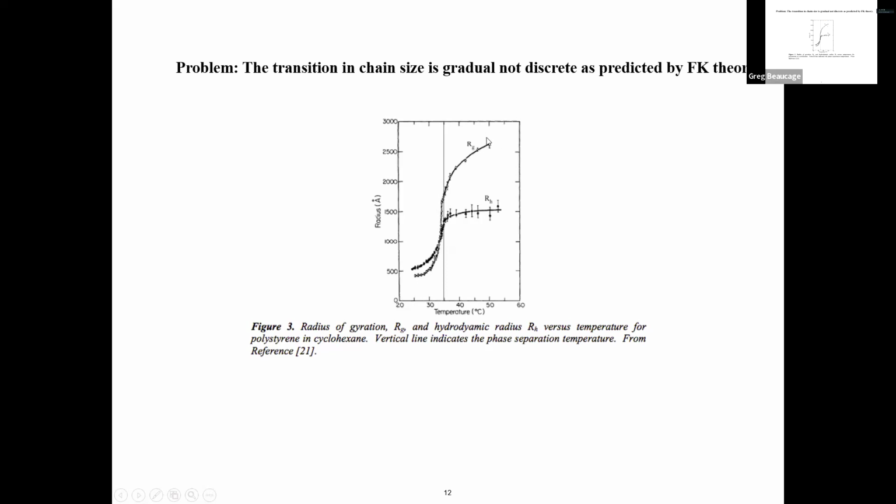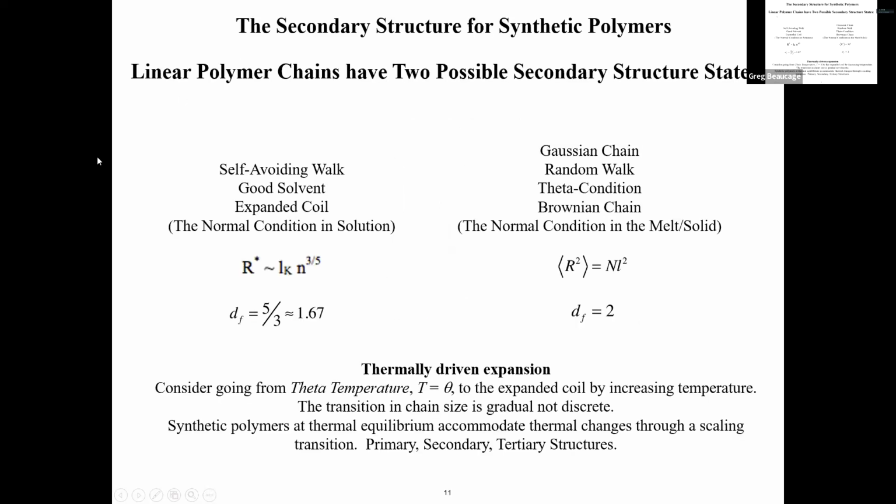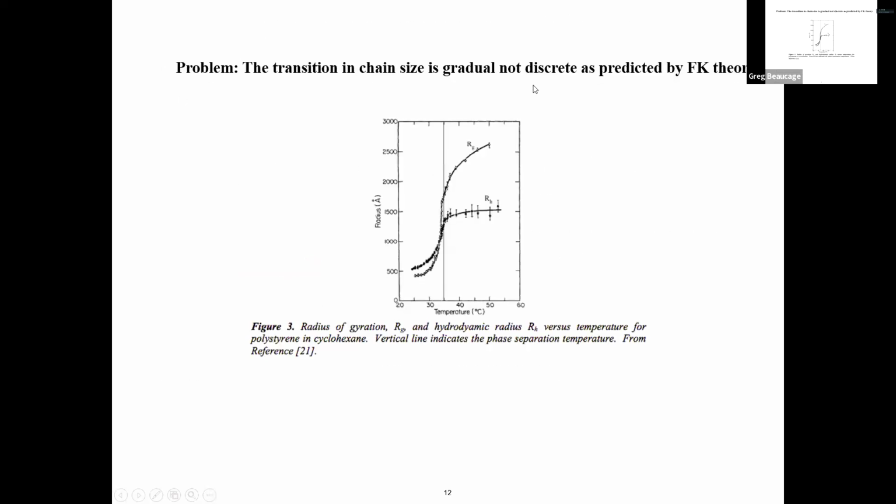As you cool it down, it gets smaller, and then it reaches a theta condition, where it's Gaussian, and then you can keep cooling, and the coil has a dramatic collapse. It'll dump down, right? That's the behavior that's observed. And the theory says on or off, so it's definitely not on or off. It's got a gradual trend.